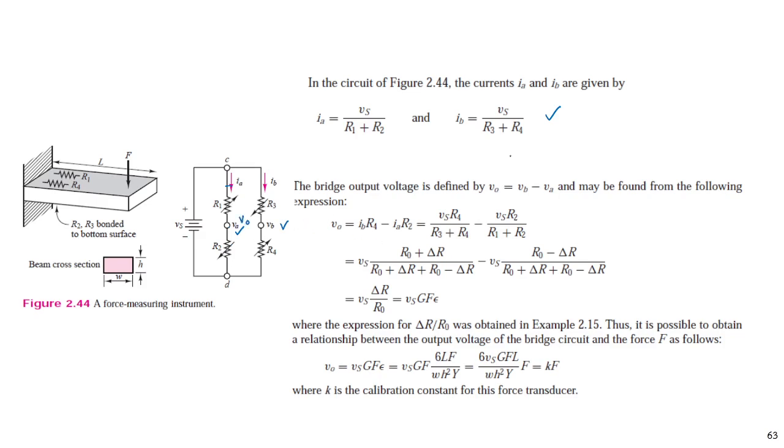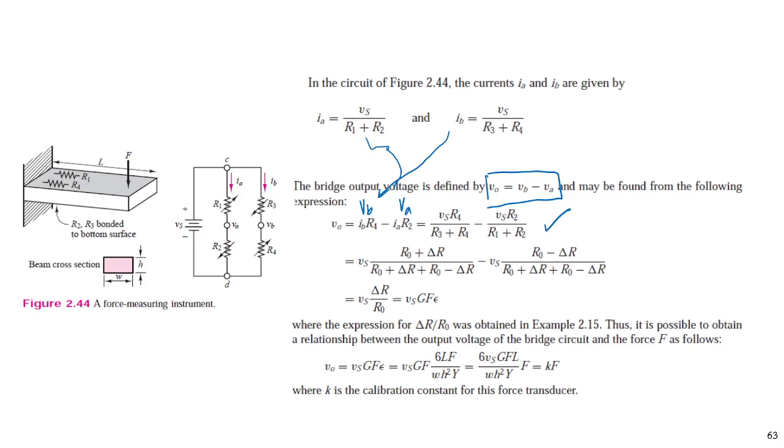It should be VAB. VO is VAB, which is VB minus VA. So this is VB, this is VA, right? And then we substitute IA here and IB here, and we get this formula, right?